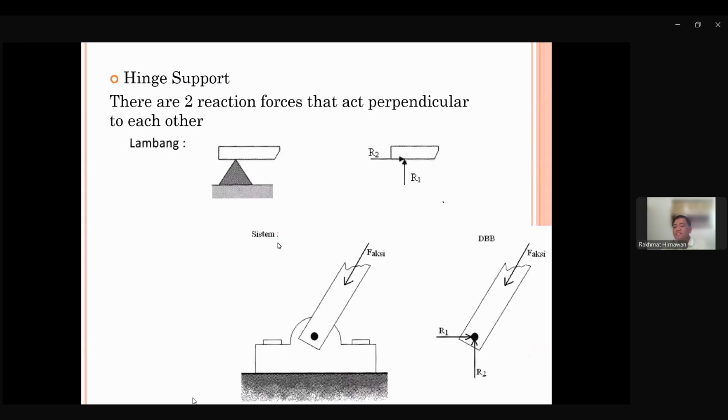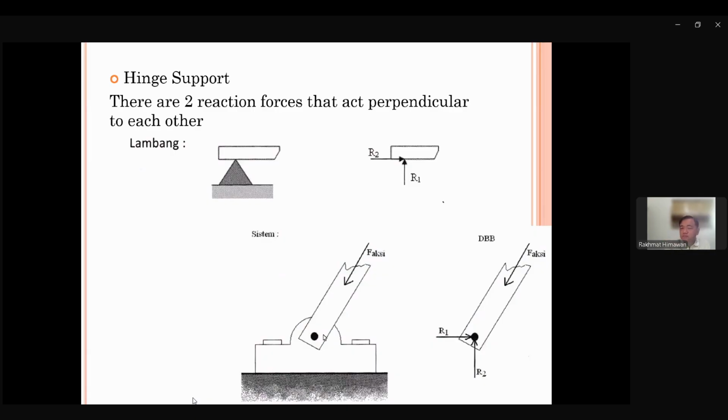And then the second one is hinge support. And there are two reactions. This time, when the first one, it was just one reaction, now we have two. Hinge support, so engsel or hinge, this is the picture.